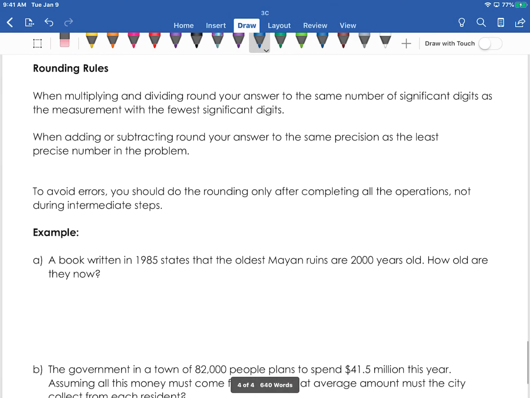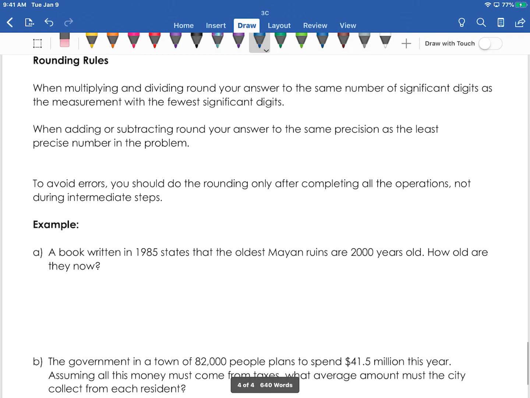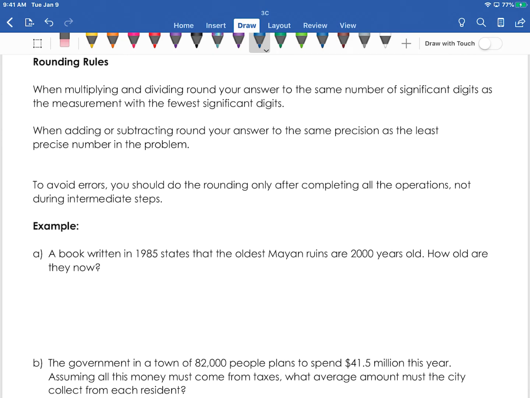Okay, now when we combine precision and accuracy with significant digits and rounding, there are some rules. Whenever you're doing operations with measurements, or sometimes we call them approximate numbers, if you're multiplying and dividing, you want to make sure you're using accuracy.